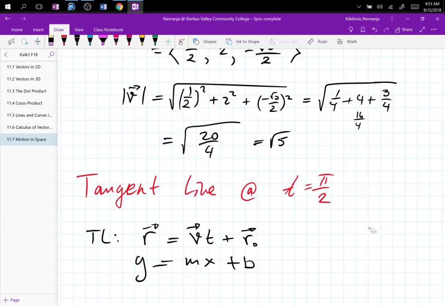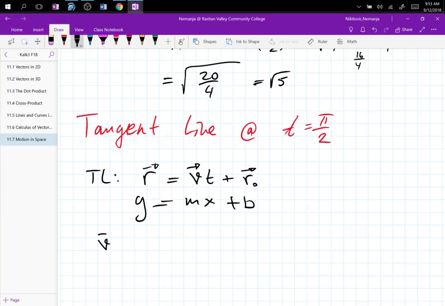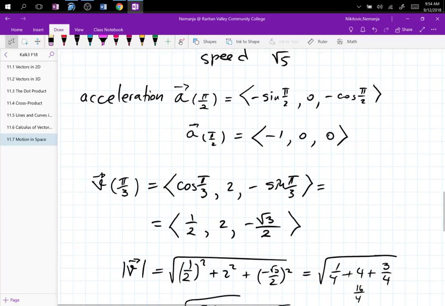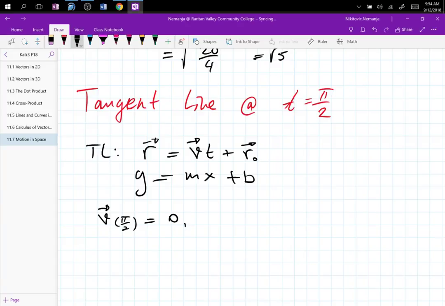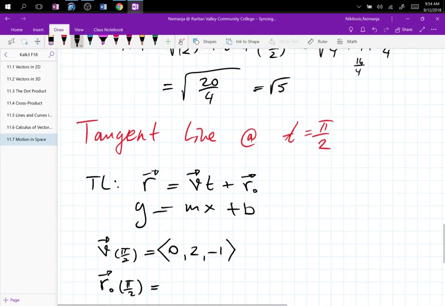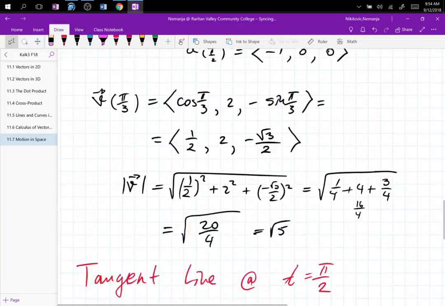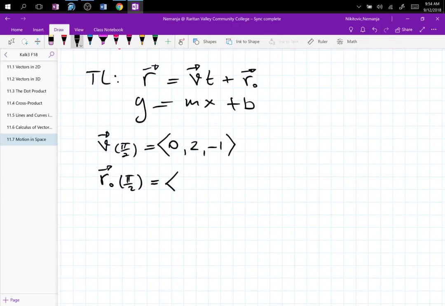So what do I know? I know that my velocity vector at pi over 2 is given as 0, 1, negative 1. I also know that my position, which is my r0 at pi over 2, is given as 1, pi, 0. These are all things that I calculated earlier.